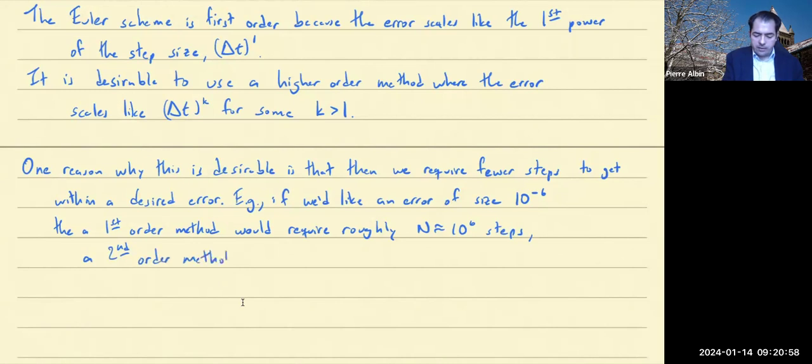A second order method would require roughly 1,000 steps to get the same level of accuracy.